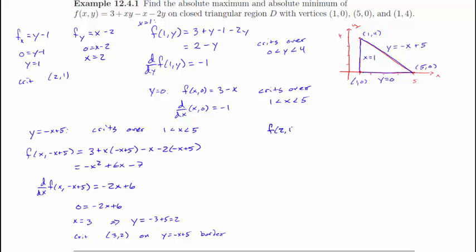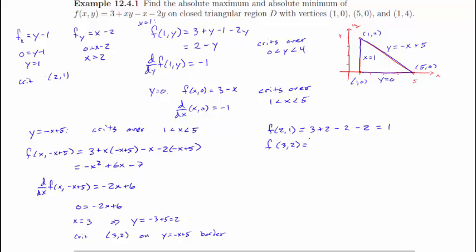F of 2 comma 1, and we get 3 plus 2 minus 2 minus 2. Oops, I wrote x instead of 2. So it's 3 plus 2 minus 2 equals 1. Plug in my other critical value, the critical from the border, f of 3 comma 2.